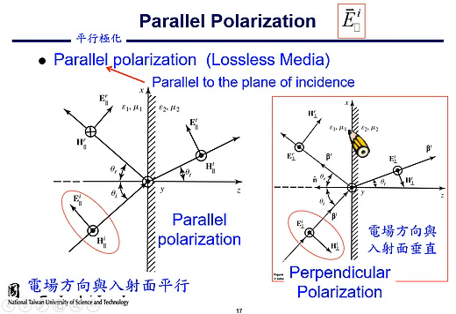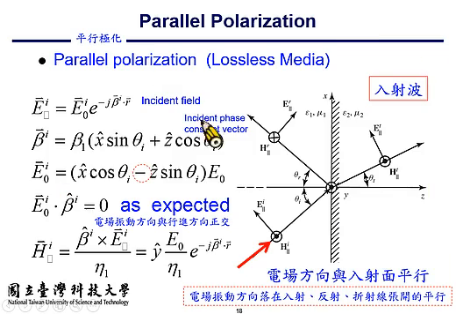So in fact, the H component of parallelly polarized incidence is perpendicular to the plane of incidence. So H has y component only, while E has x and z component. And again, here is the incidence, here is the reflection, here is the transmission. You should use your right hand to check up the vector relationship.